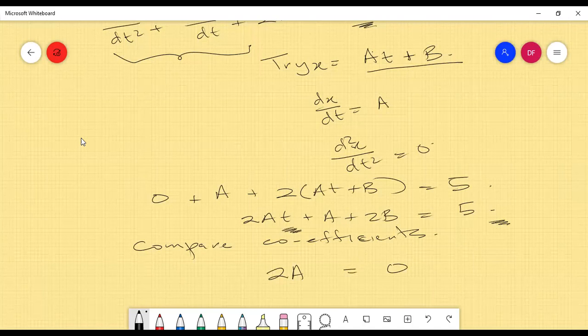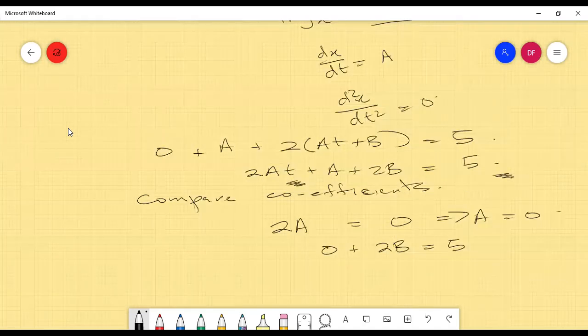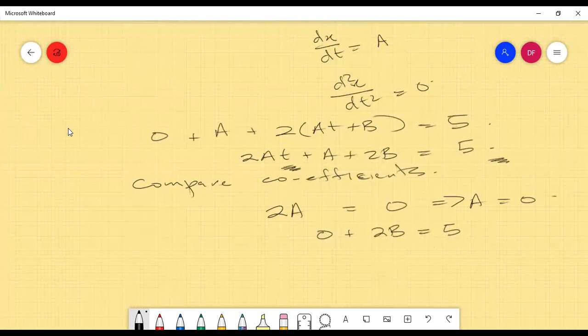So that means that a equals 0. And then now, if a equals 0, that's 0 plus 2b is equal to 5. So therefore, b would be equal to 5 over 2. So my particular integral is 5 over 2.